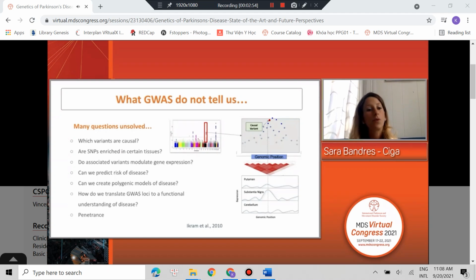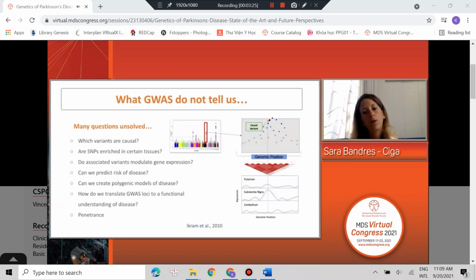One of the main questions is that we do not know which are the causal variants. GWAS identify loci, so regions of the genome, but not really causal variants. Then another question is, are SNPs enriched in certain tissues, or do the associated variants that we find linked to disease modulate gene expression? Other questions that we need to further investigate after GWAS: can we predict risk of disease?